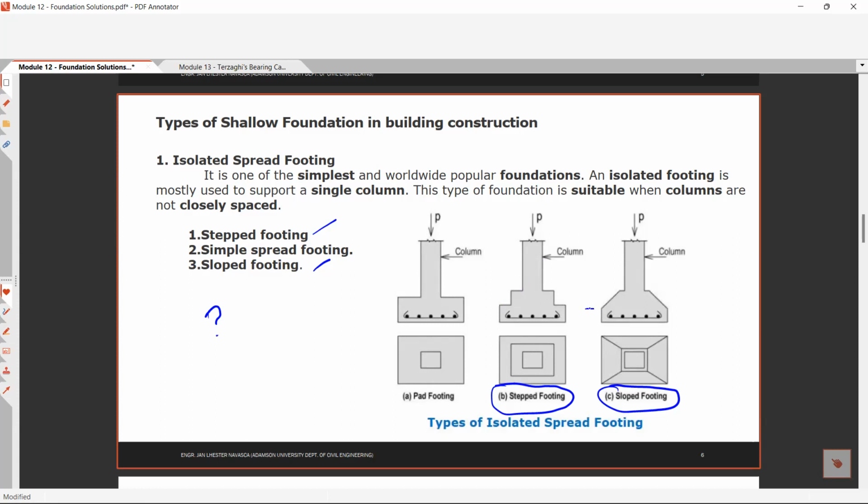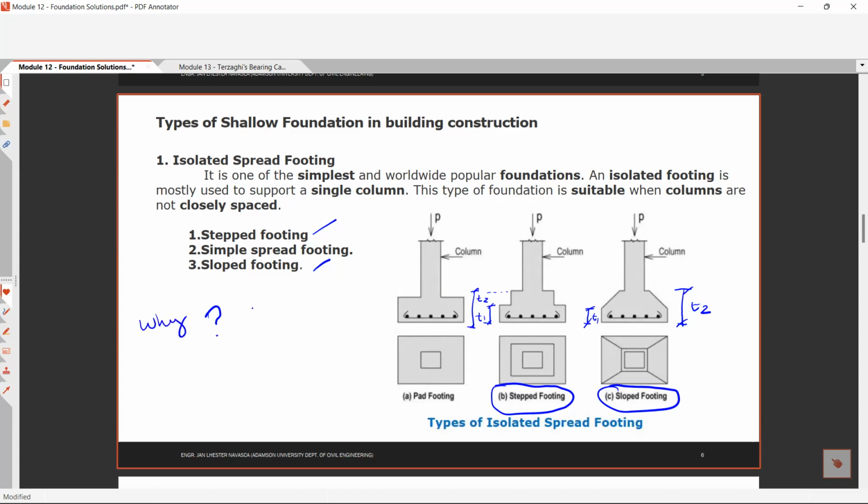Meaning this thickness, say T1, is less than the thickness near the column, T2. Why?